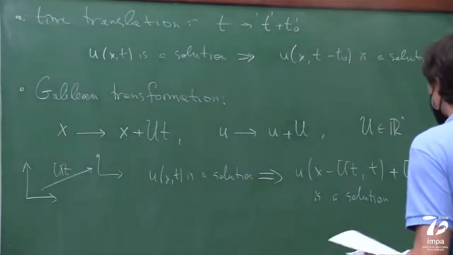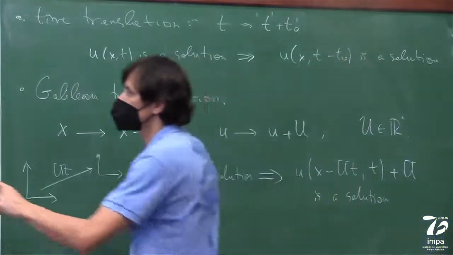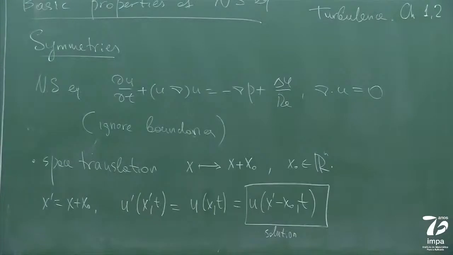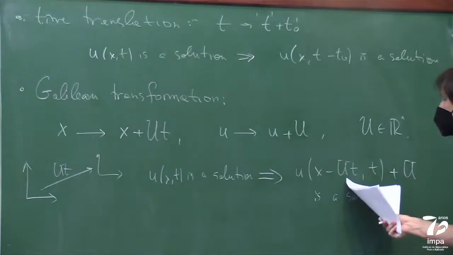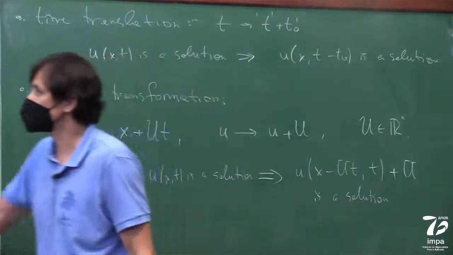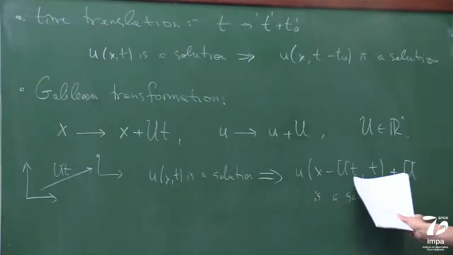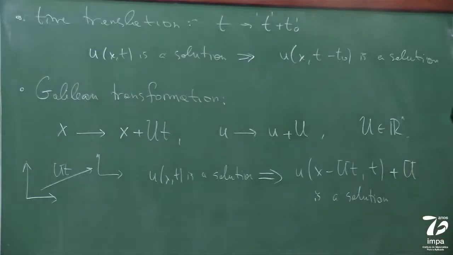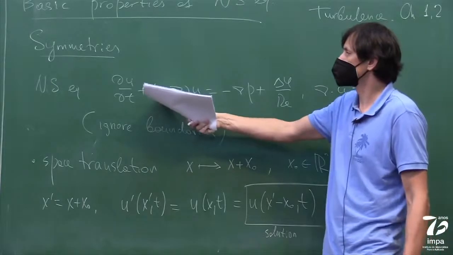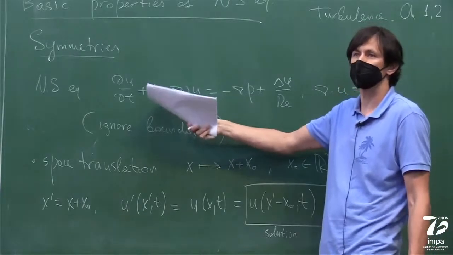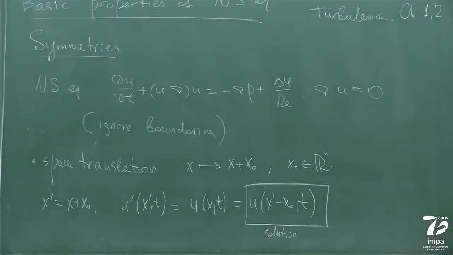A good exercise is to take it, substitute it into the equation and see that everything will cancel. There will be two extra terms. One extra term will come from the time derivative, because when you differentiate in time, you have to differentiate both arguments. So you get one more term. But at the same time, you have this nonlinear term. So this u will also give two terms, one with u capital, another with the original u. And these two terms will cancel. This is how you see that the equation is preserved.